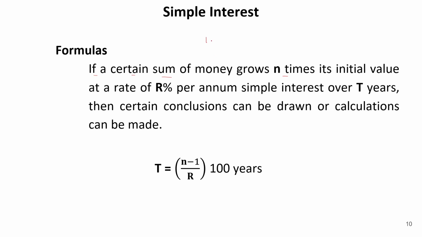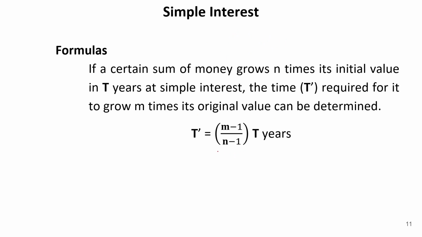If its initial amount was 1, then it grows to n. At a rate of r% per annum simple interest over t years, we can conclude that t = (n − 1) / r × 100 years.